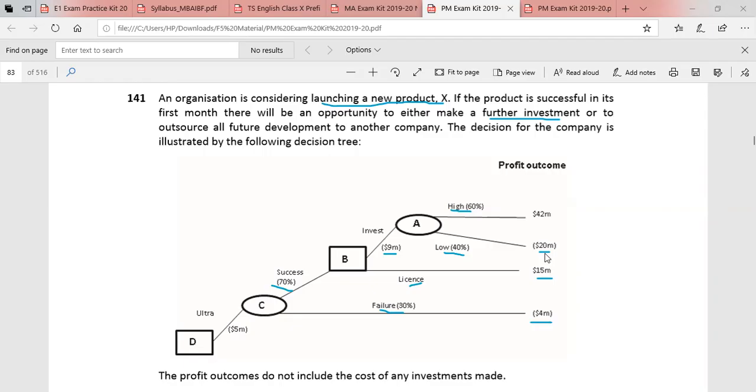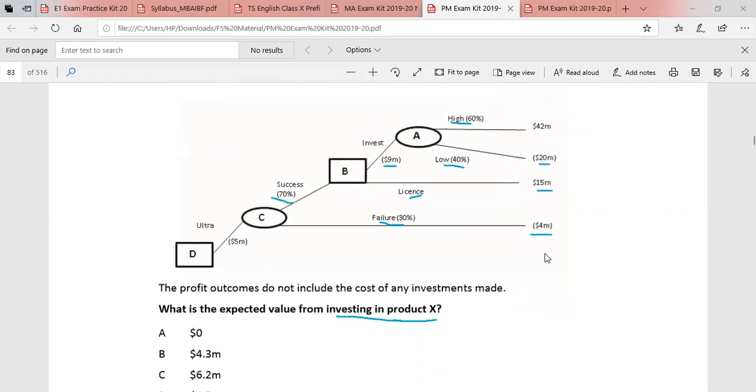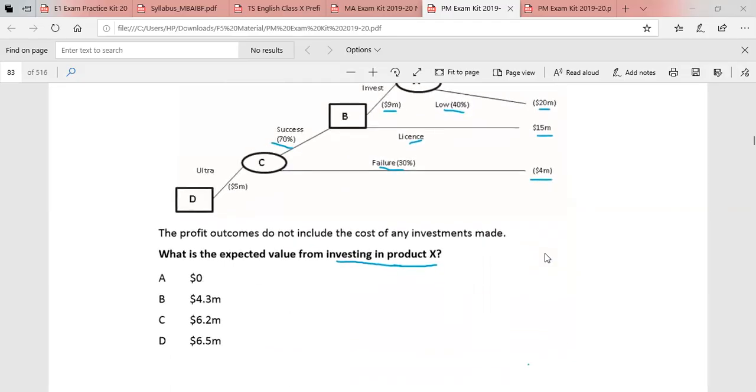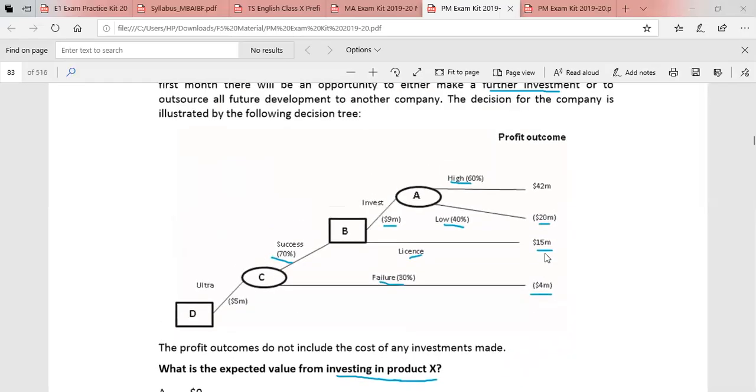The decision tree is already given to us. We need to work out the question. The profit outcomes do not include the cost of any investments made. Find out what is the expected value from investing in product X. For the moment, let's go for a break. After the break, we'll take it up.